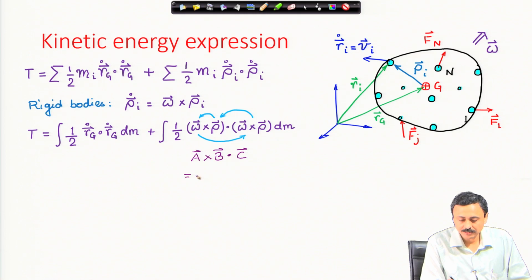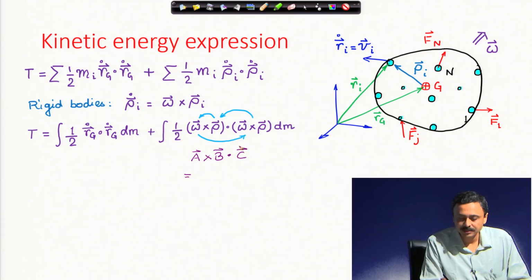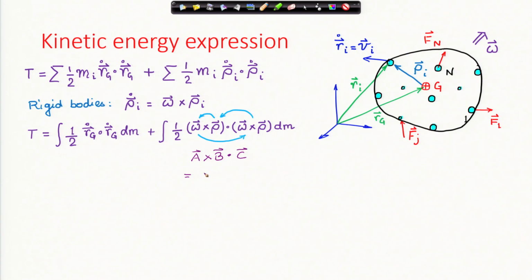I can take this C in place of B, therefore, this becomes equal to B cross C dot A. So, this vector goes here, this vector goes here, and the vector A goes here.